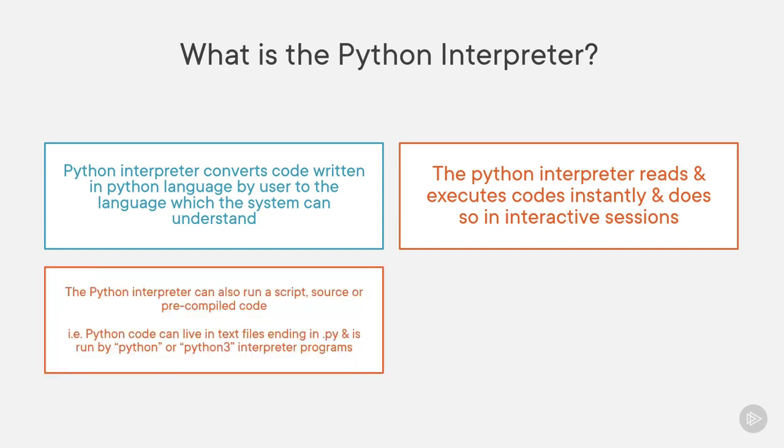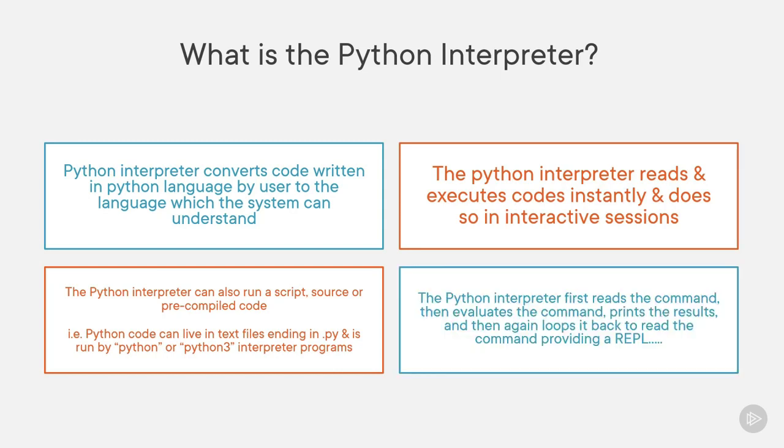But you can also put your code in .py files, which are basically Python scripts, and those can be run from the interpreter as well. Also, you can pre-compile code, so write full applications with Python, and those can be run from Python interpreters as well. And the Python scripts are run with either python or python3.